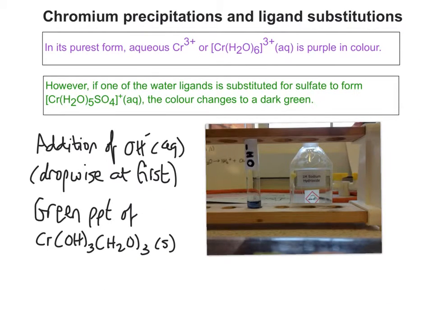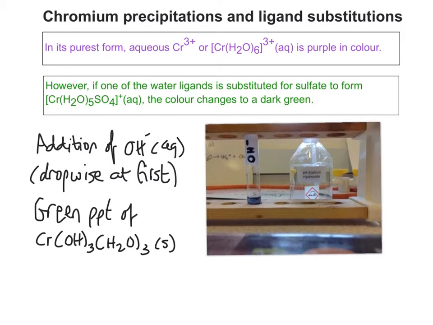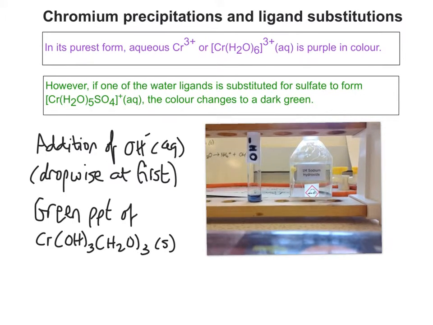So, if I add OH- dropwise at first, we rapidly get the formation of the same precipitate we had before, like a greenish, greyish colour.